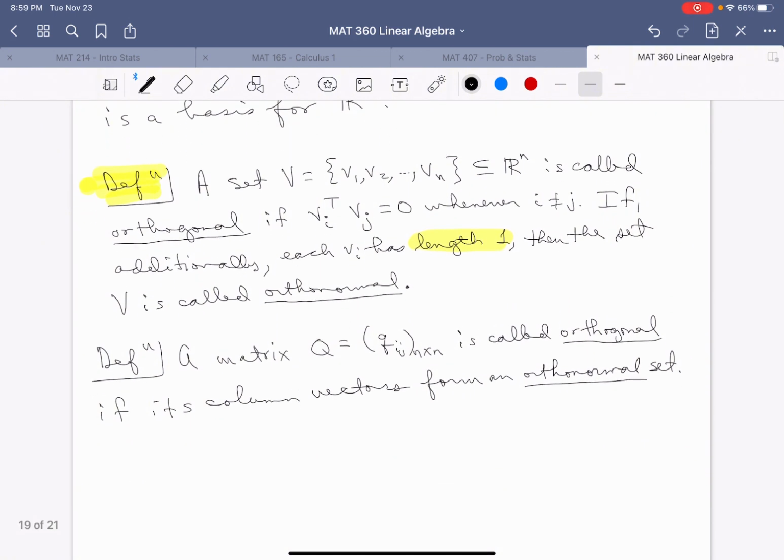And so let's do a theorem here. We're just going to let Q be an orthogonal matrix.